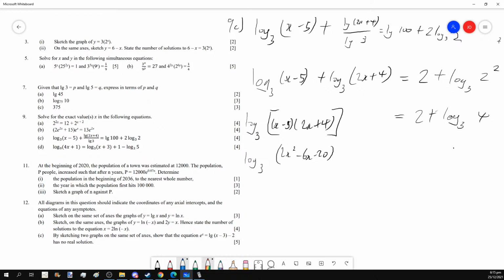Thereafter, I will take all the logarithms and put them together. All the numbers, in this case there's only one number, 2, put them together. We shall get the following. And this is very nice because the left hand side now has log 3 and a minus. In other words, it will simply be changed into division.